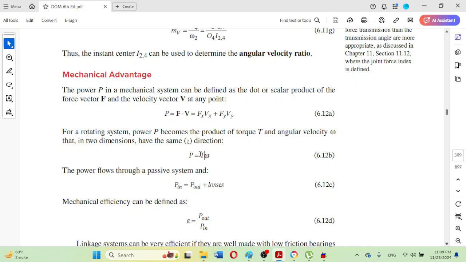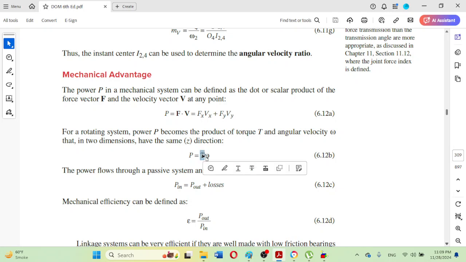The thing is quite simple: power is simply equal to torque in this case.